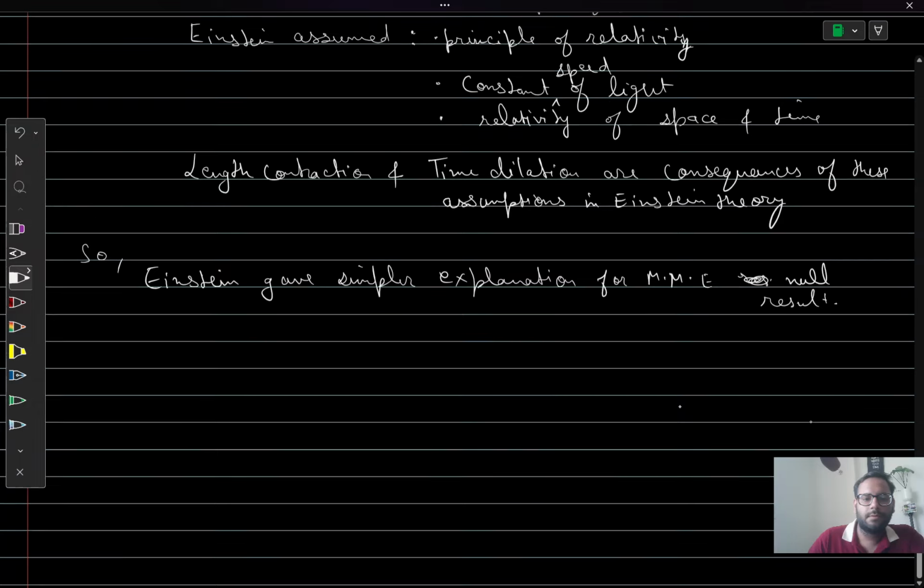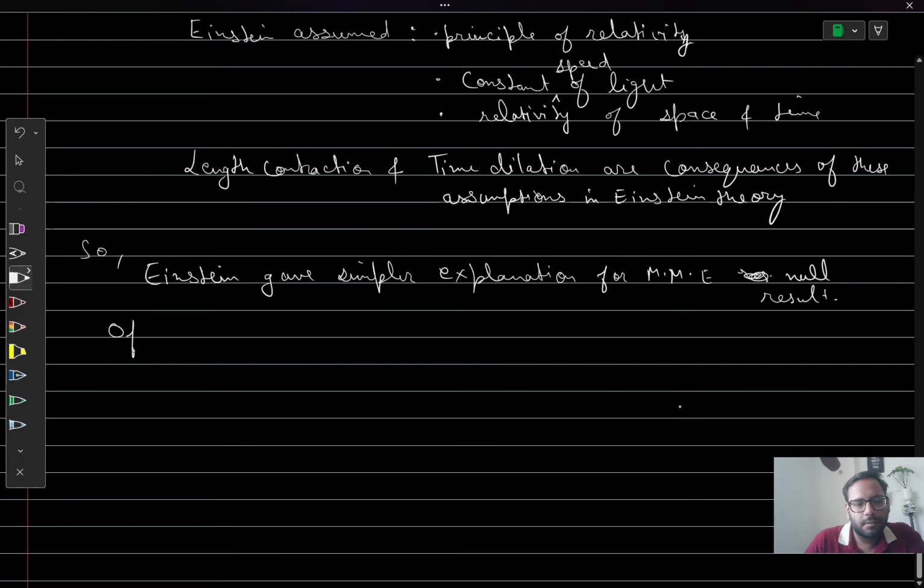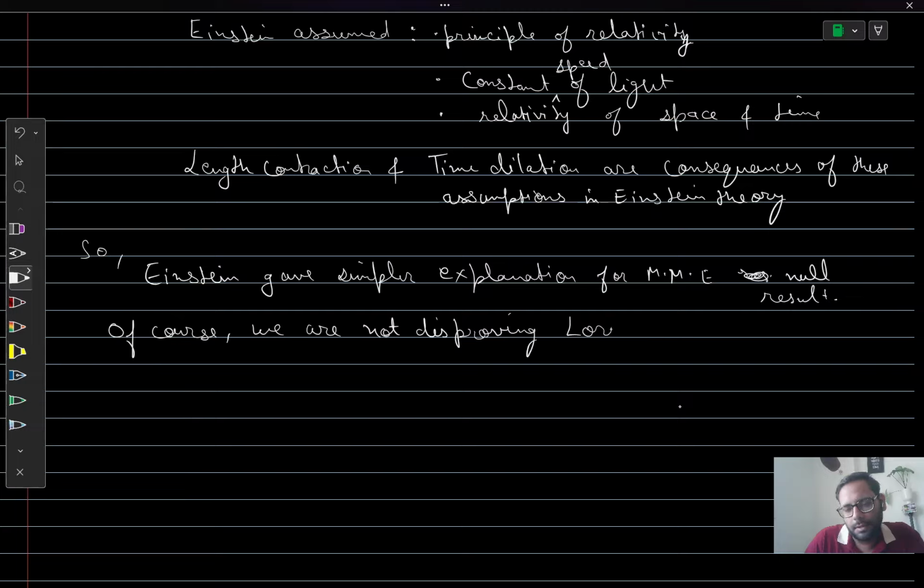Of course, we are not disproving Lorentz ether theory, but we are abandoning it based on scientific principles.